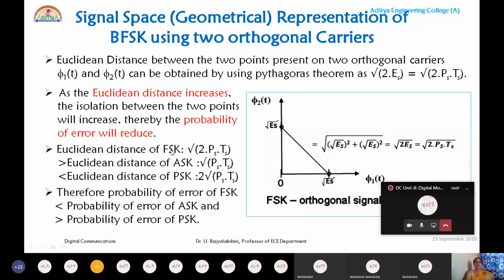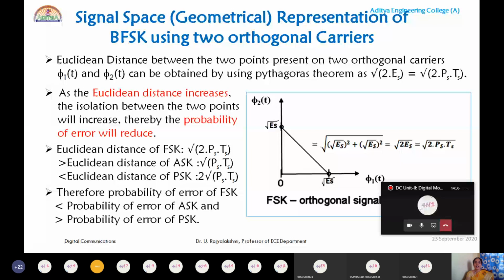So that's why you can say that the probability of error for FSK is less compared to ASK. So as a comparison, in terms of probability of error, it's less for PSK and very high for ASK, and our FSK will lie between ASK and PSK. The best performance will be provided by PSK in terms of less probability of error.